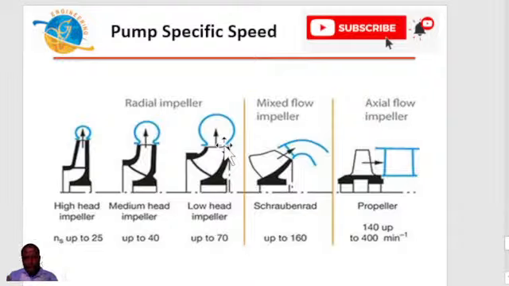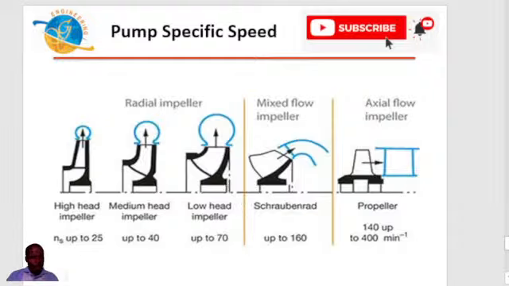Mixed flow impellers are most suitable for discharging a large quantity of flow against medium head. Likewise, the axial flow impeller is suitable for discharging a large quantity of flow against small head.